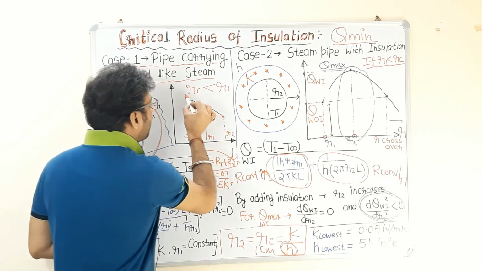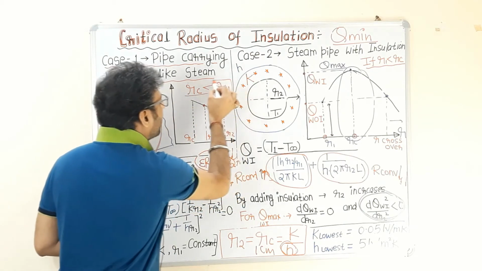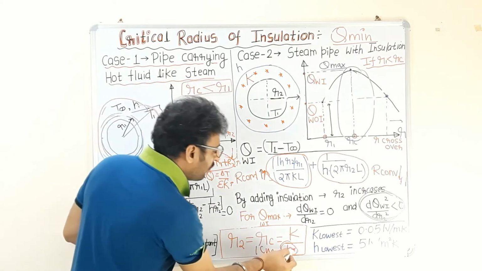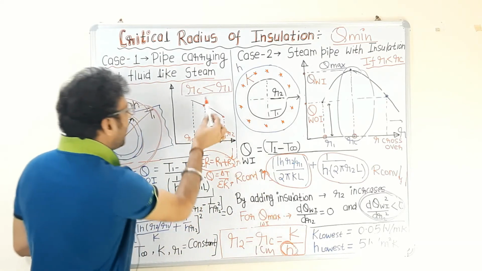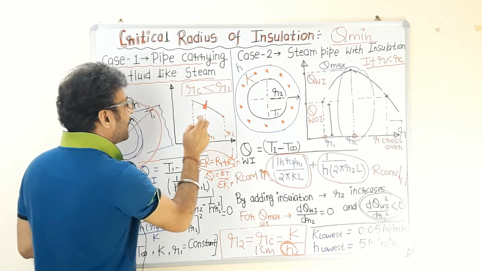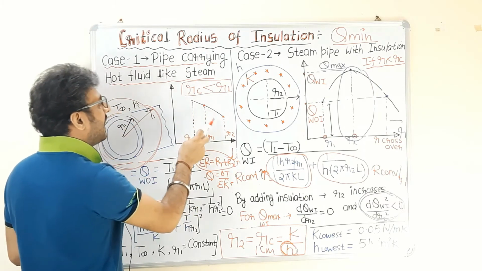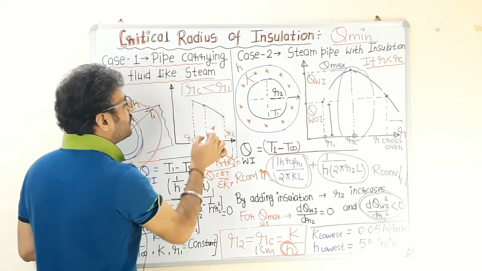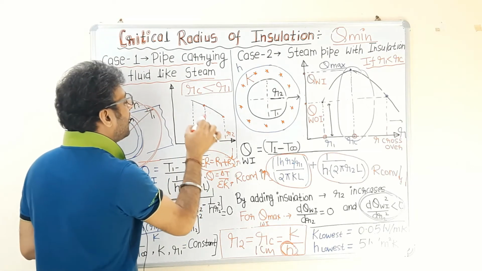So if RC is lower than R1, which is achieved in the case where the value of H is high, then the heat transfer rate always decreases on applying insulating material on the pipes which are carrying hot fluids.